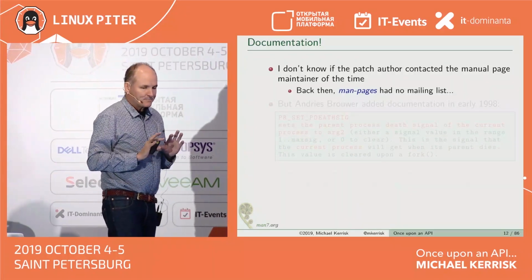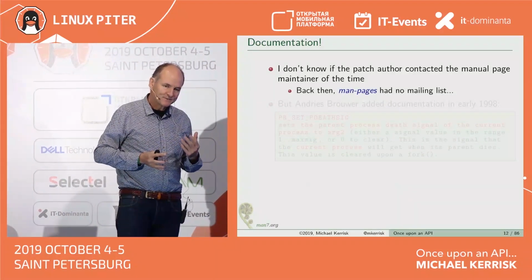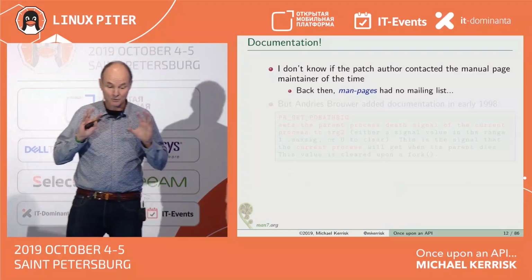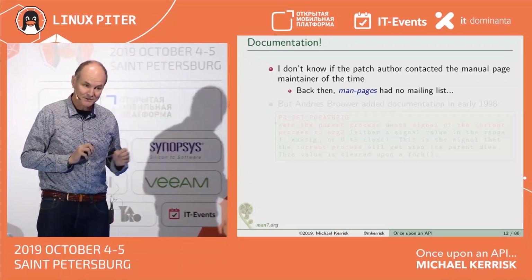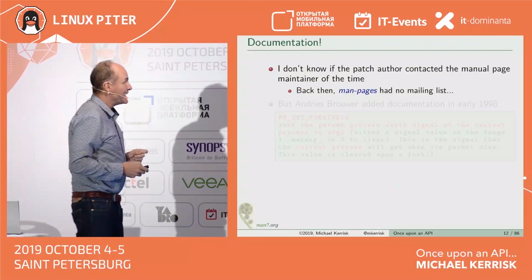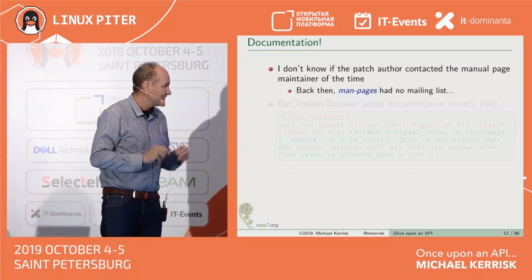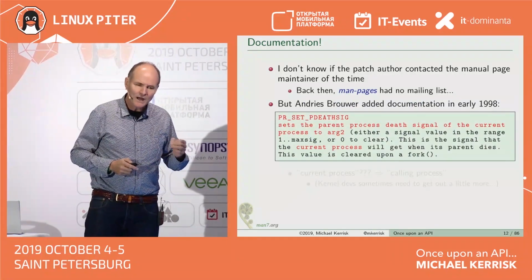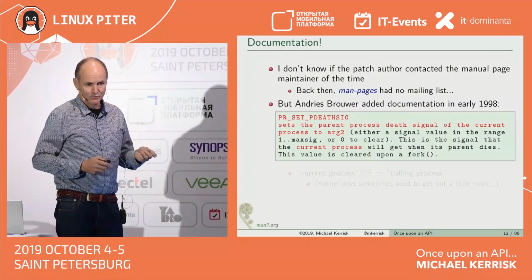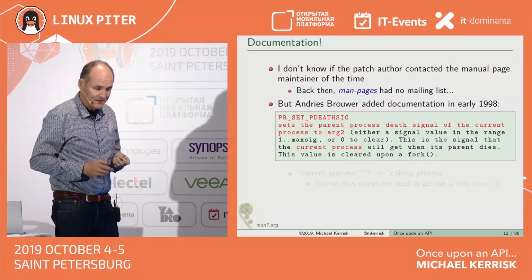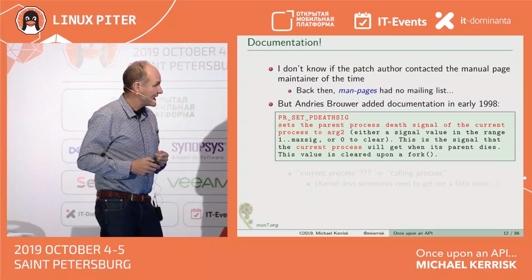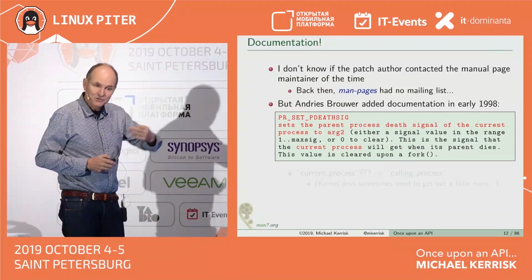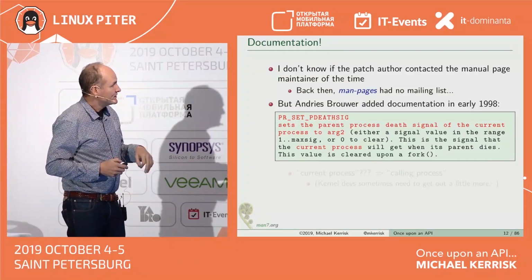To begin with, I don't know if the author of that kernel patch contacted the manual pages maintainer of the time, who was not me, because I've only been doing it for 15 years. There was no public mailing list back then, so there's no historical record. But a while later, Andries Brouwer, who was the manual pages maintainer at the time, added some documentation describing this new system call and this new feature.